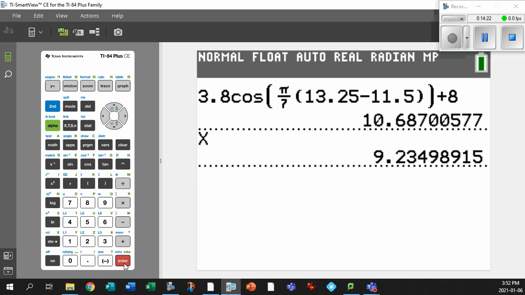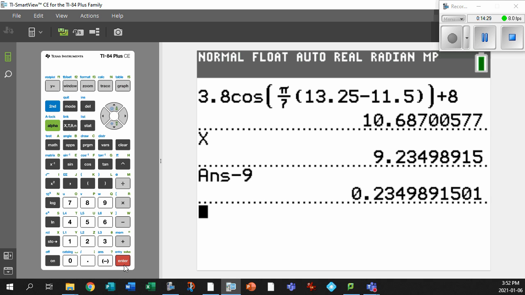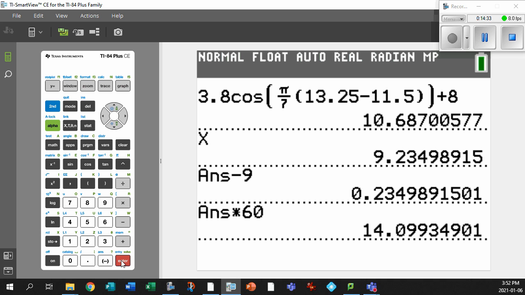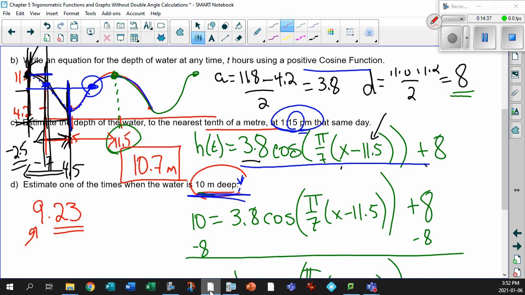All right, you do your 9.23 then, right? Subtract the 9 from that. You're left with 0.23 of an hour. Multiply that by 60 minutes in 1 hour. You're looking at 9:14 in the morning. 9:14 in the morning is when it finally hits that mark. Okay, cool.